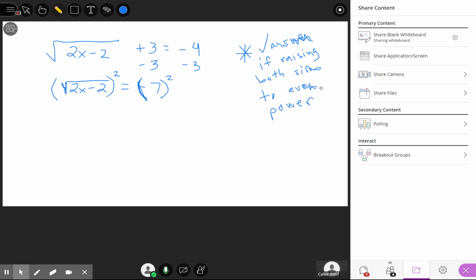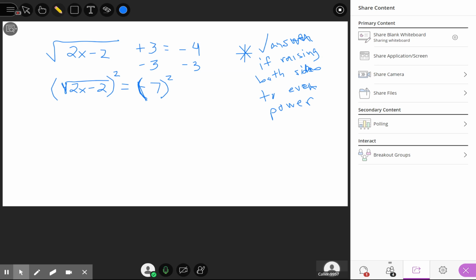So make sure you're checking your answer at the end if you're raising both sides of an equation to an even power. And this is to avoid an extraneous root.